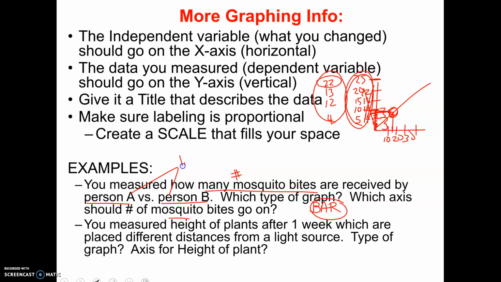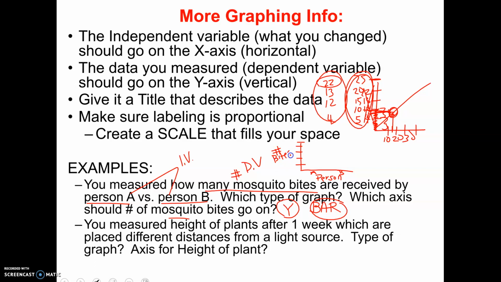So this would be our independent variable. The number of mosquito bites, that is our data, so that is our dependent variable. So this number of mosquito bites should be our y-axis. So our graph would look something like this. Our independent variable would be the person, A, B, and then our number of bites would be our y-axis.